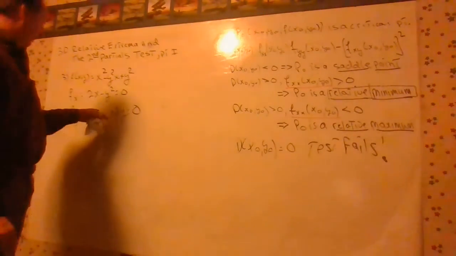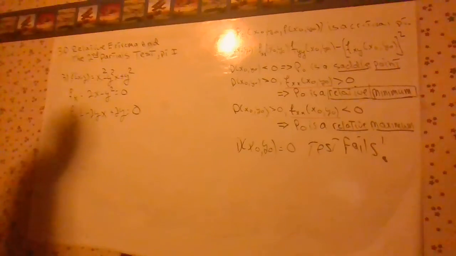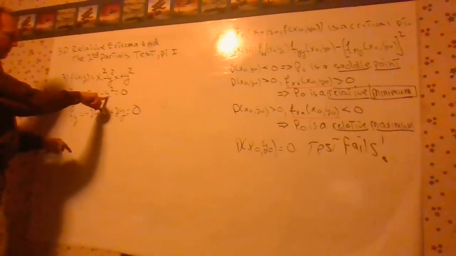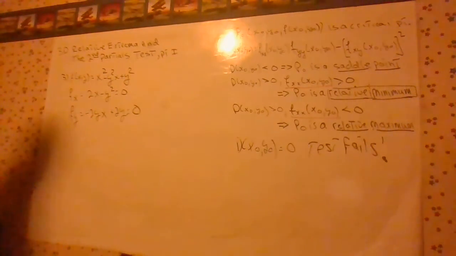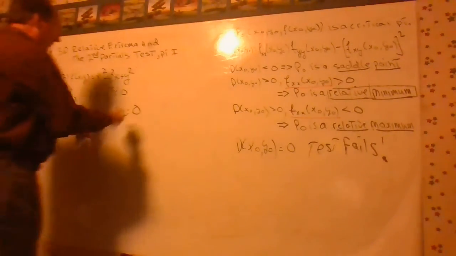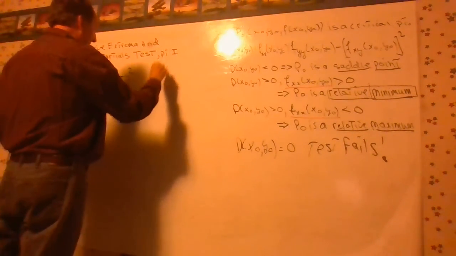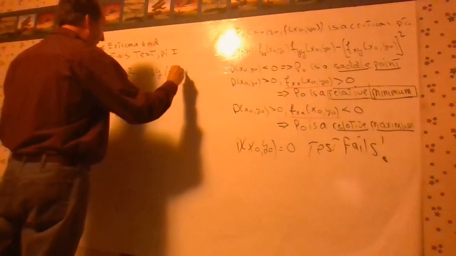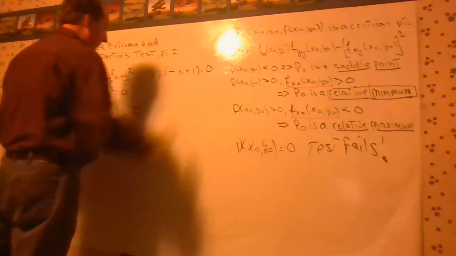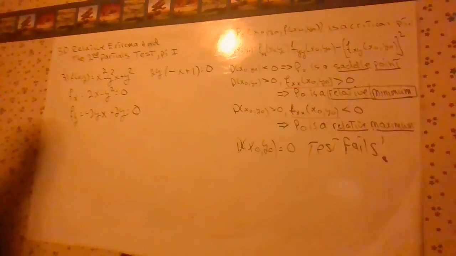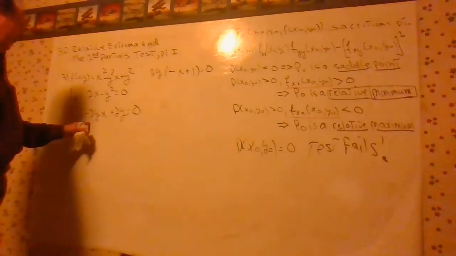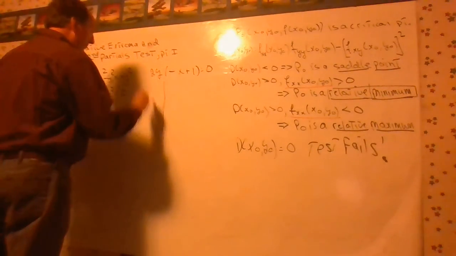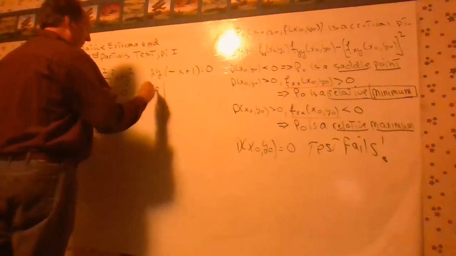A couple different ways we can proceed. You can factor and then substitute, doesn't really matter. How about if we factor this? We get 2y and negative x plus 1 equals 0. That's one way to do it. And this gives you y equals 0.